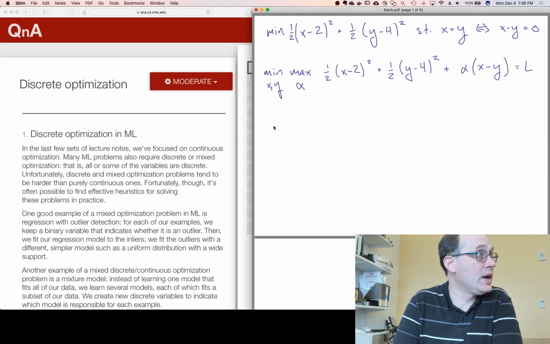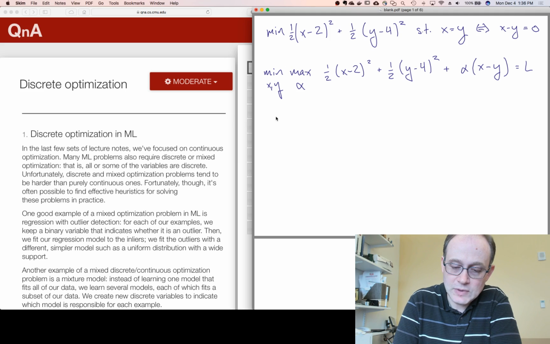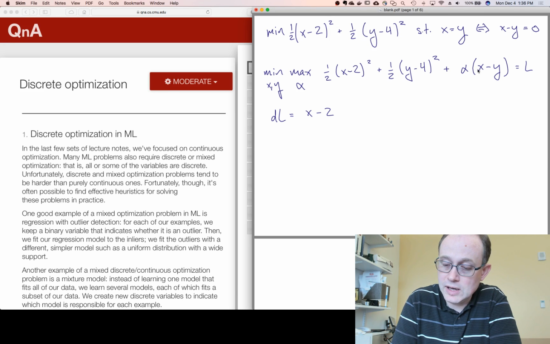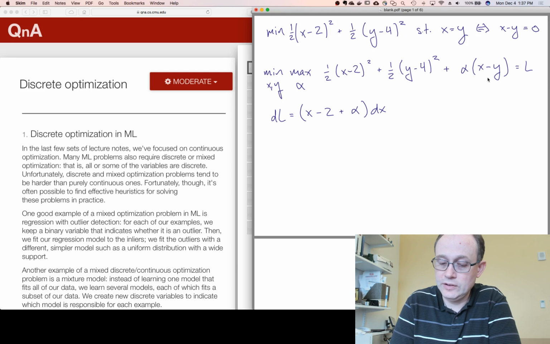And we'll write out dL as a function of dx. That's equal to, for this term, x minus 2, and then there's an alpha x over here, so that's plus alpha, dx. So this is the differential in terms of x. We can do the same thing: dL is equal to y minus 4 from this term, minus alpha from that term, dy.